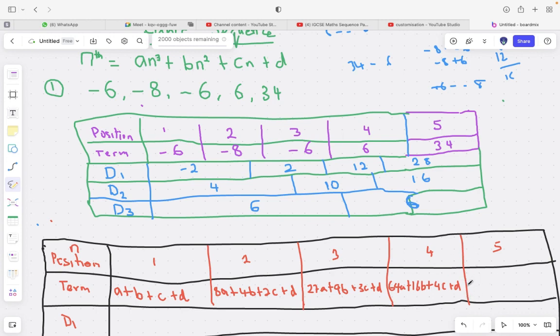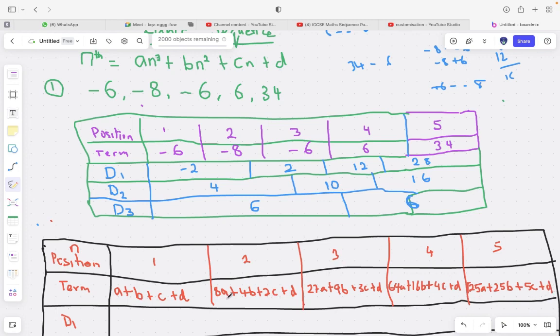So here we write 125a plus, 5 squared is 25, plus 25b, plus 5 times c is 5c, plus d.